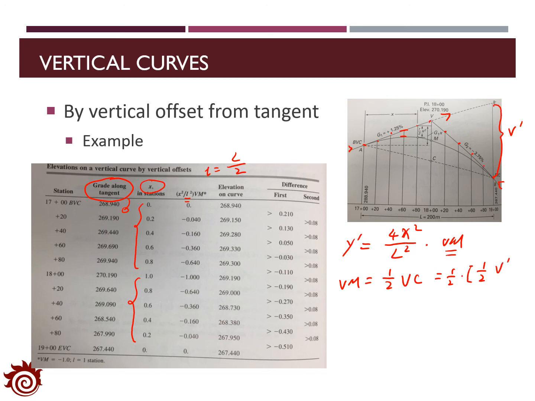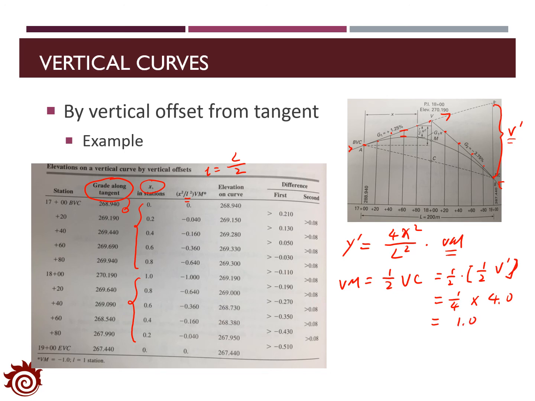So it's half V prime. By considering the tangent line starting from the point BVC, we can find the value of V prime. In this case, it's 4.0. So we can find the value of Vm as 1.0.